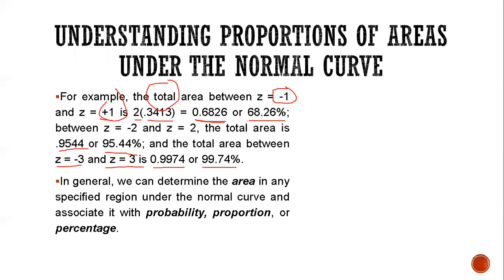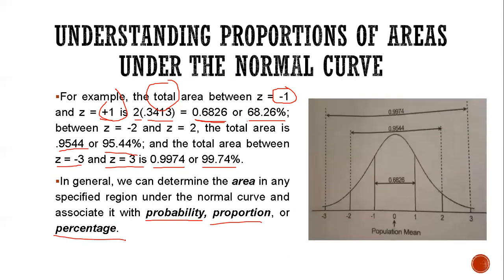So, in general, we can determine the area in any specified region under the normal curve and associate it with the 3P. Ito na yung 3P. Pwede siyang probability, proportion, at percentage. Ico-convert lang natin siya. Ano yung itsura niya? From -1 to +1, ito siya, 0.6826 kasi nga dalawang 1 yan, so multiply natin sa 2.